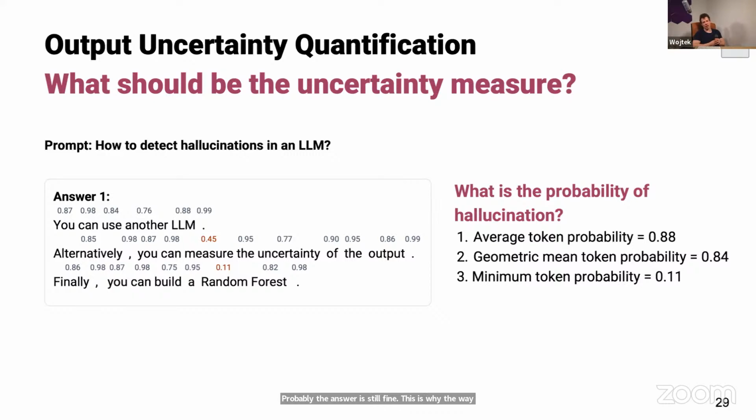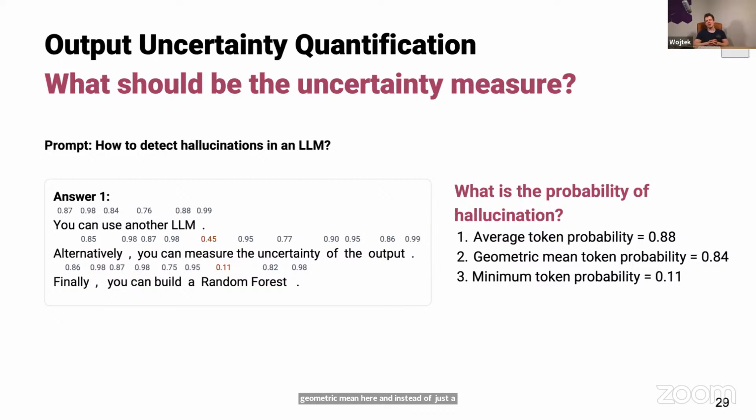Another way of looking at it is that these probabilities are in some way multiplicative, because we start with the first one, then we get the next one, then the next one, etc. So maybe intuitively, it makes more sense to use a geometric mean here instead of a normal average.